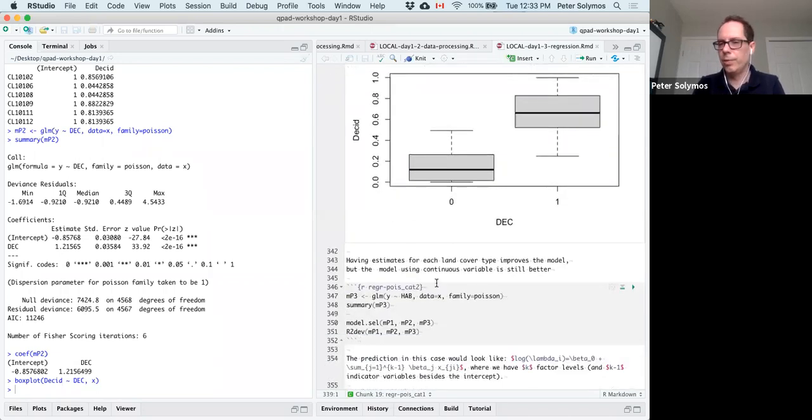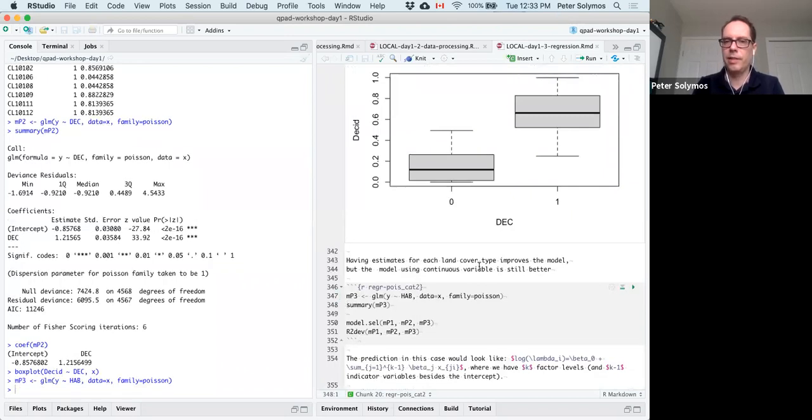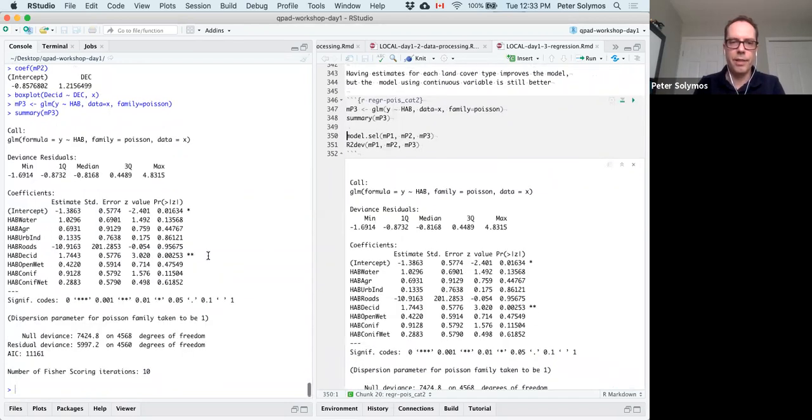So what if we want to fit a model with all the levels, which is HAB, that has deciduous and non-deciduous? Now we have all kinds of land cover types, but you see only the deciduous effect is significant, which means for the rest you get an effect size, but whether it's still 0 or not, you can't really tell. But when it is deciduous, you see this effect quite clearly.